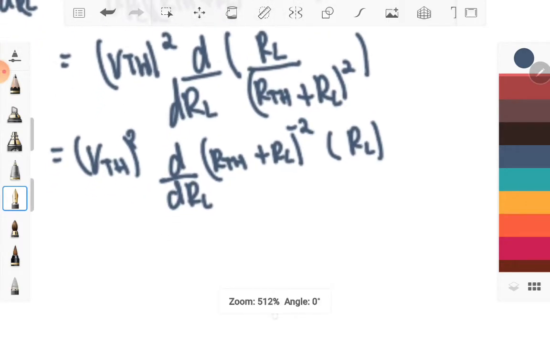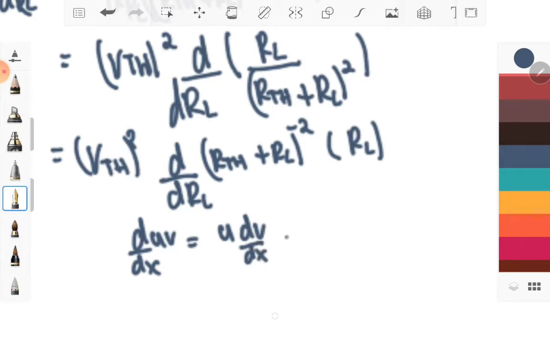So you've learned in your calculus that the derivative of uv with respect to dx is just equal to u dv over dx plus v du over dx.